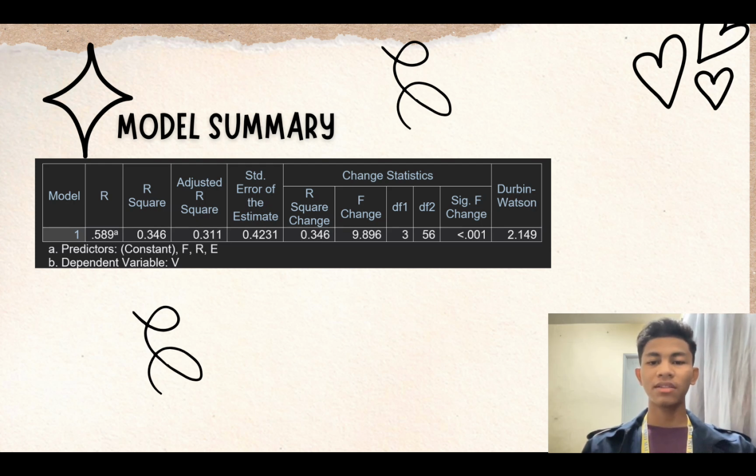Adjusted R square is 0.311. This adjusted R square takes into account the number of predictors and adjusts for overfitting. It's a bit lower than R square, which is expected when there are multiple predictors.